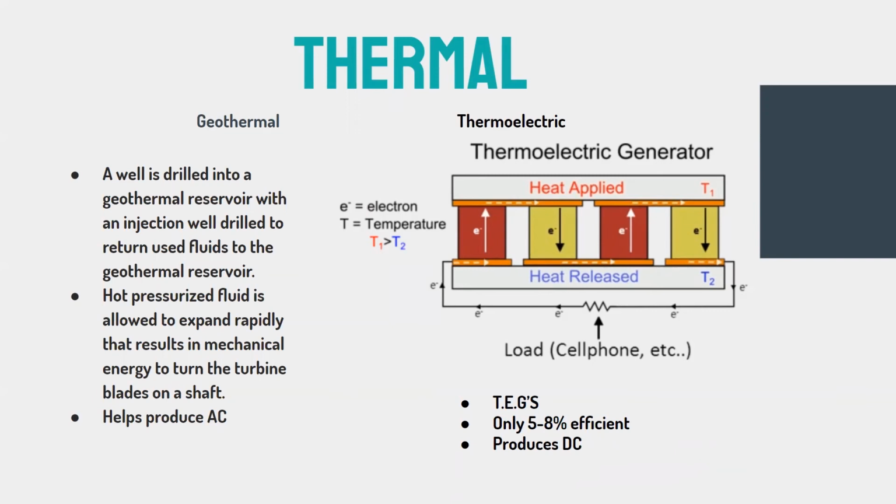Then we also have thermoelectric. What happens in this is we have two different materials. We have one type of metal and another type of metal, and they pass electrons between each other. And we'll talk about that after this, because we'll talk about two really important principles. These are called TEGs, thermoelectric generators. One of the things about thermoelectric generators is they're only 5 to 8% efficient, and they produce direct current.